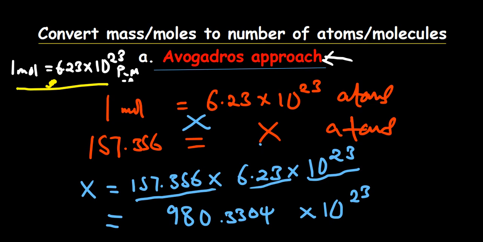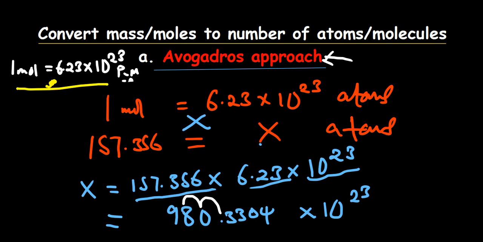What you have to do now is make this number be in scientific notation. We have to move the decimal point 2 times, so it should go between 9 and 8.